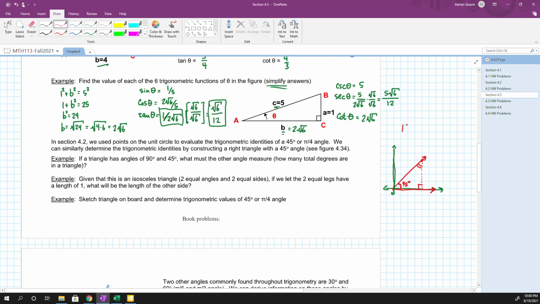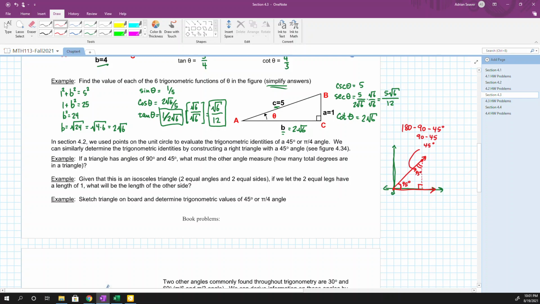So if I take 180 and subtract out this 90-degree angle, and then subtract out this 45-degree angle, that's going to give us what this other angle has to be. So 180 minus 90 is 90, minus 45. And 90 minus 45, guess what? 45 degrees. So that means this angle as well is also 45 degrees.